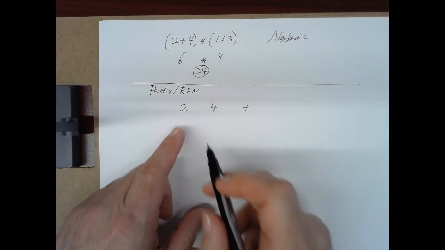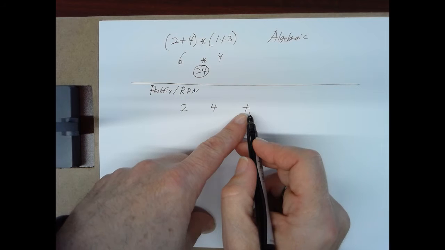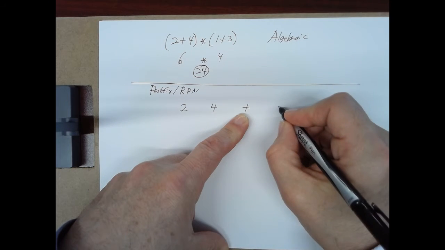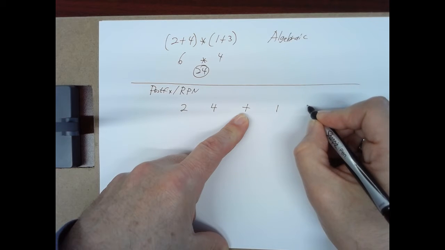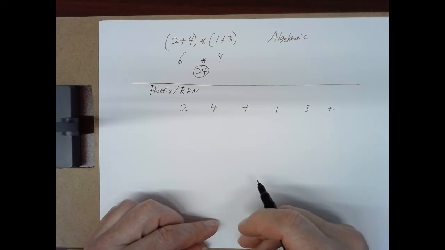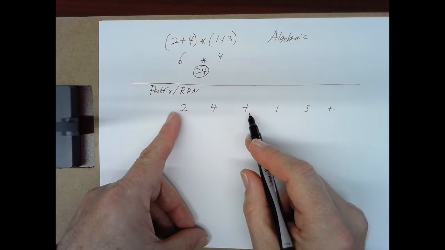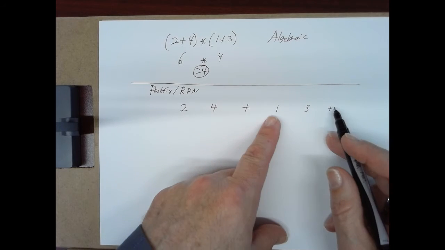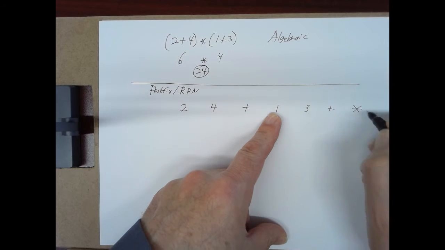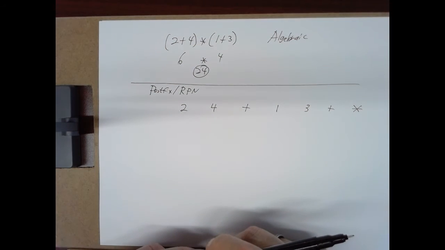So this says take the operands 2 and 4 and add them together. And then I would say take the operands 1 and 3 and add those together. Well, this first thing left me with the number 6. This second thing left me with the number 4.